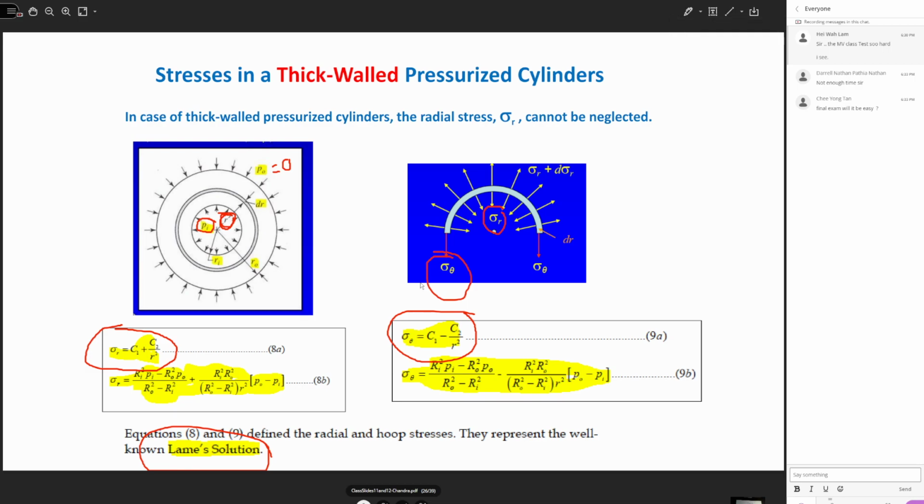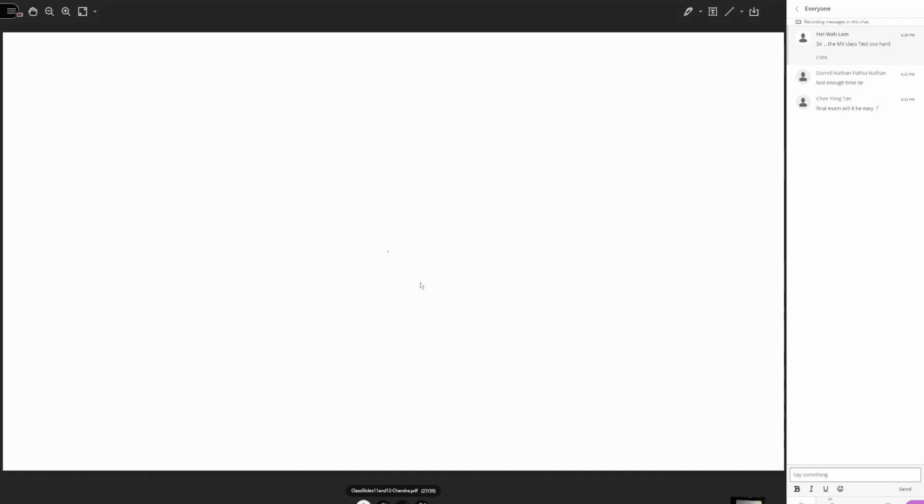It can vary from the inner radius to the outer radius, anywhere in between. That is where you are calculating the radial stress and tangential stress.